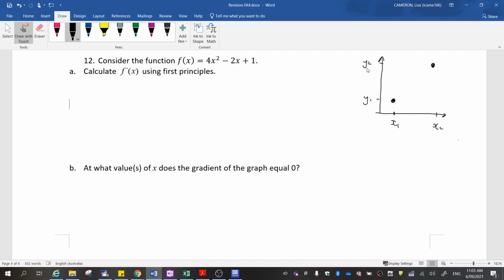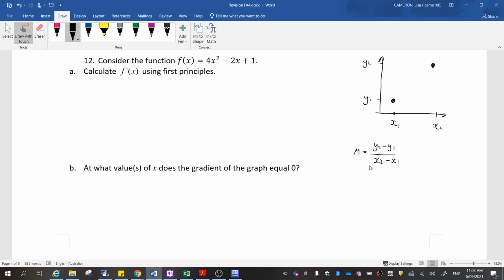Now, normally with average rate of change, we find our rate of change by doing y2 minus y1 over x2 minus x1. And we say that that gives us our gradient, okay? Or you can call it your average rate of change.